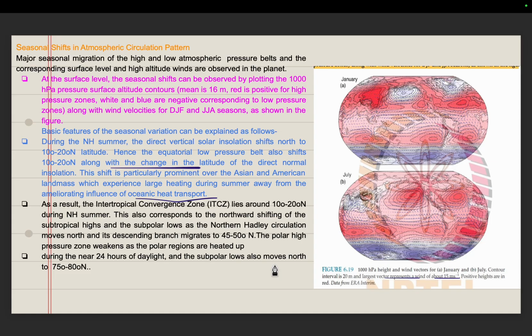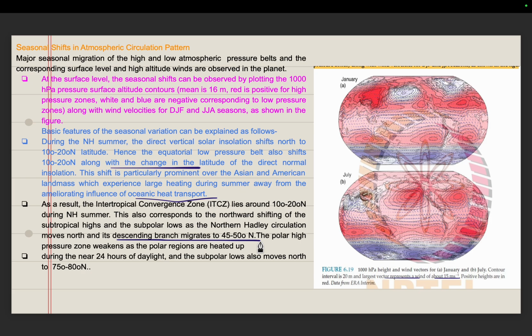We know that normally the Hadley circulation's descending branch ends at about 30 degree north, but when there is summer, the descending branch of the northern Hadley cell will end at about 45 to 50 degree north.